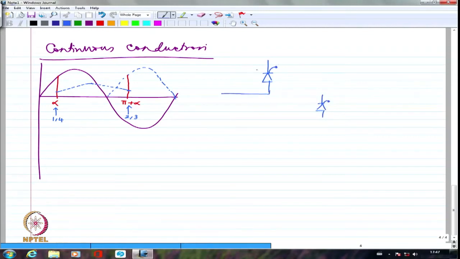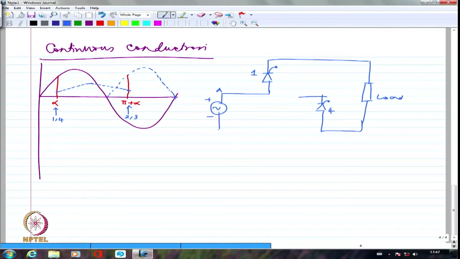Here is where I am having A, and this is the AC source with positive half cycle like this, and then it is going to go through the load. It is coming through 4, and then it is going to return like this. This is corresponding to 1 and 4.